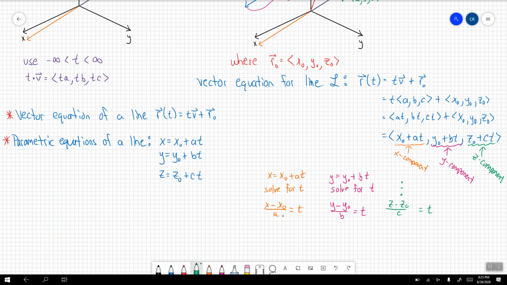What this tells us is that all of these equations are equal to one another. And these equations are actually known as your symmetric equations of a line.